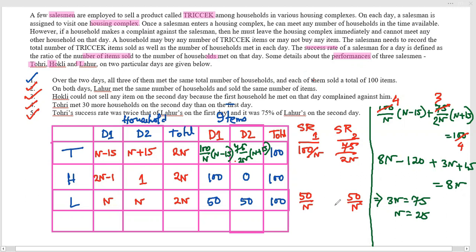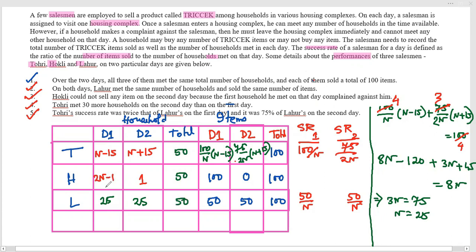Once n is equal to 25, I can go on writing everywhere this data. First of all, 25, 25. Let me feed here, 25, 25, and this is 50, 50, 50, 50, 50, 50.